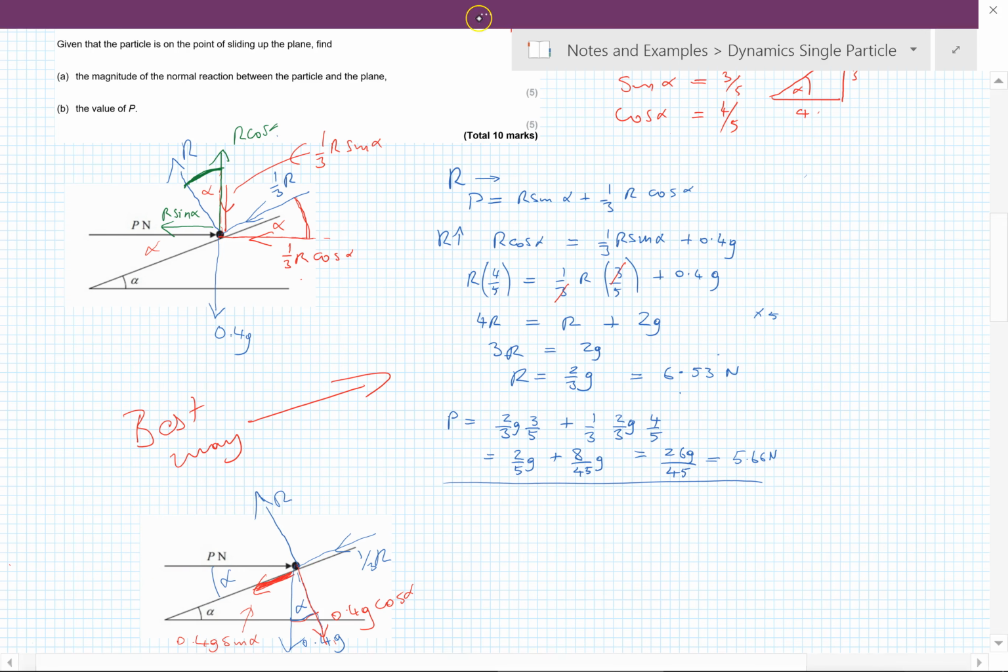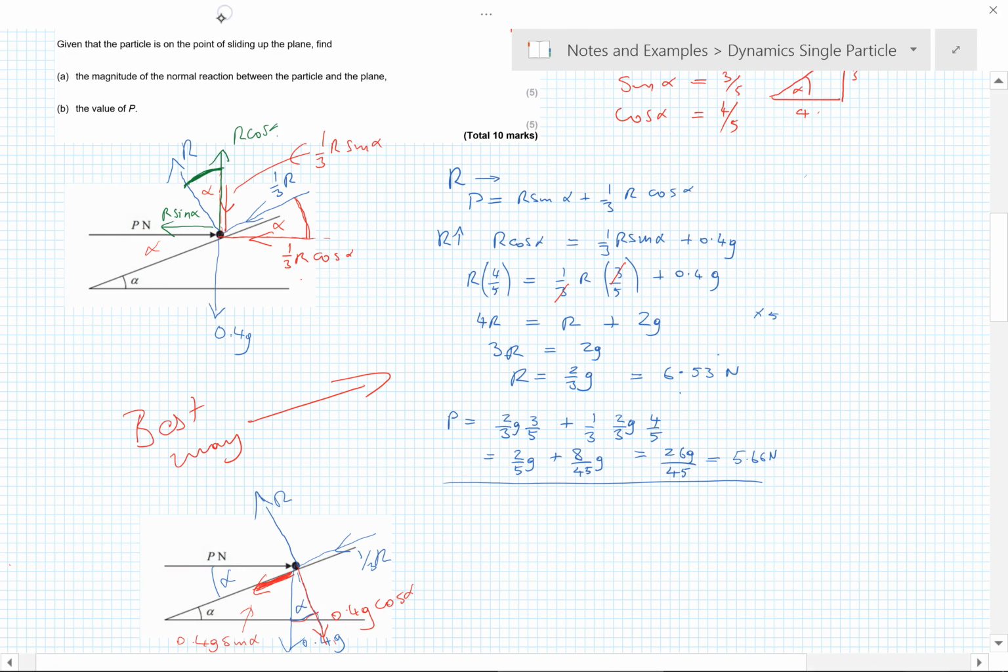Okay, so now we're going to resolve this force. Maybe change colour. Let's go to green. There's a component up the slope, and there's a component into the slope like this, always going in the same direction as this arrow, because the arrows have to point to the same point. So we're going to resolve these in the two directions.